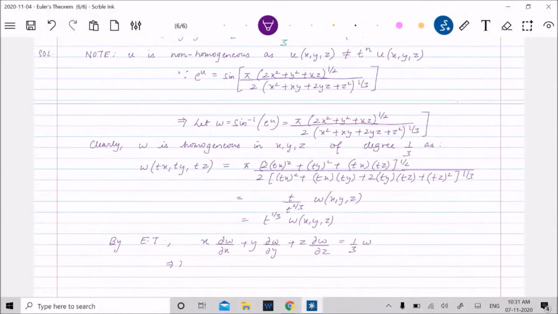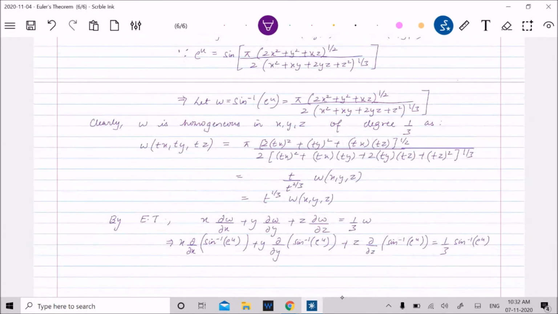That gives you x del by del x of sine inverse e to the power u, and then again y del by del y of sine inverse e to the power u, z del by del z of sine inverse e to the power u, is equal to 1 upon 3 sine inverse e to the power u.